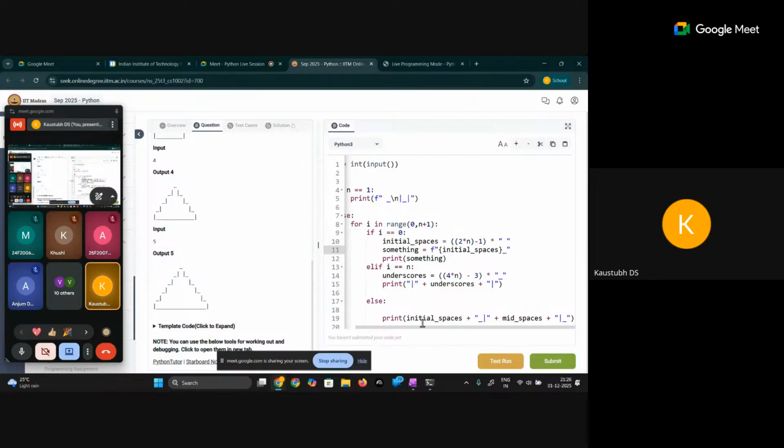This is what we're going to do. This is exactly what we'll be printing, right? So now let's find out how many initial spaces are in every line. So for each i in the range, how many spaces are in each line? So let's see.